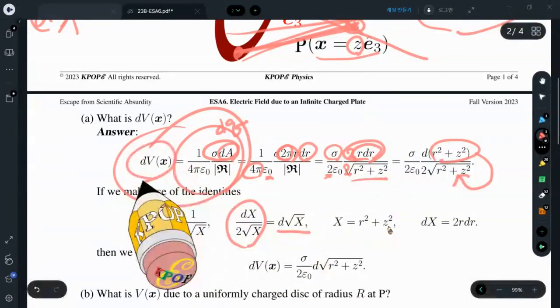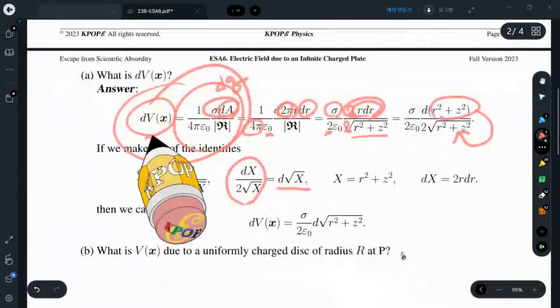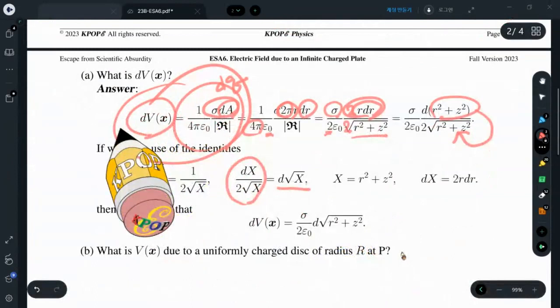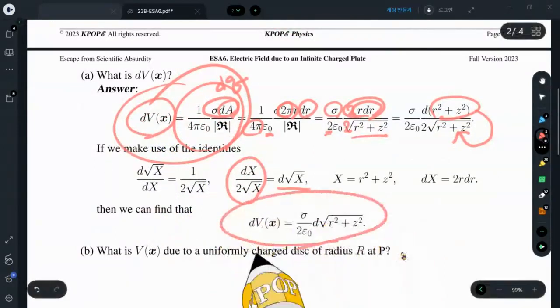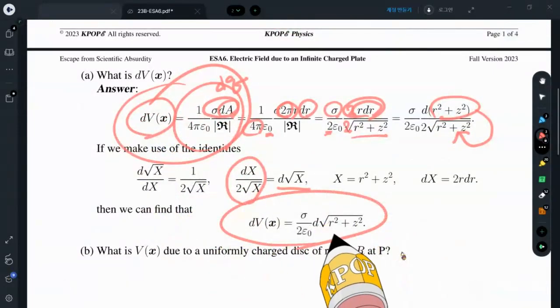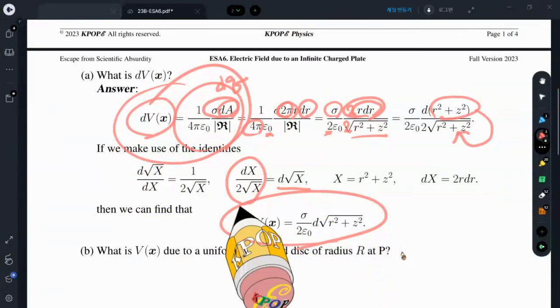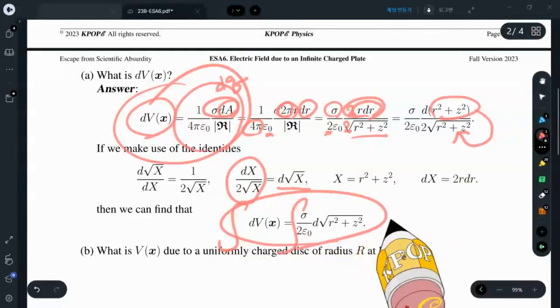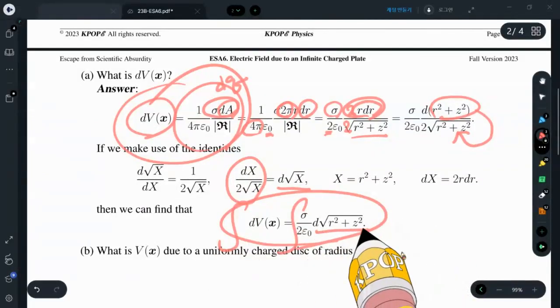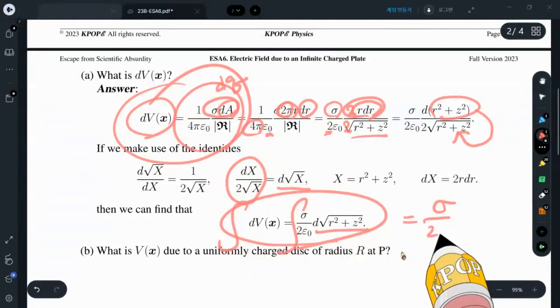So now I have replaced this potential with a very simple one, and this is because it is a total differential. I'm ready to integrate. What I can do is just take this argument itself as the solution.